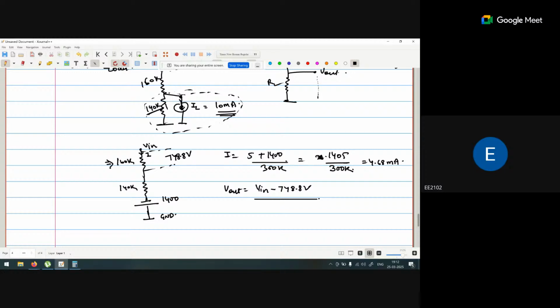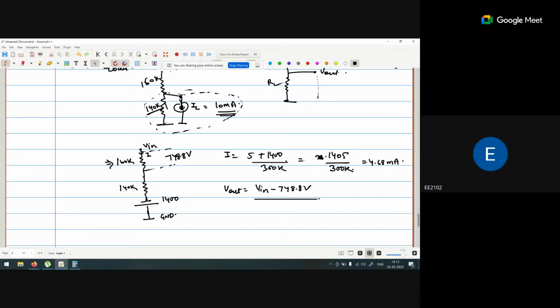In the load situation, we calculate the output in this way: first of all we calculate the current, and finally we get the output.